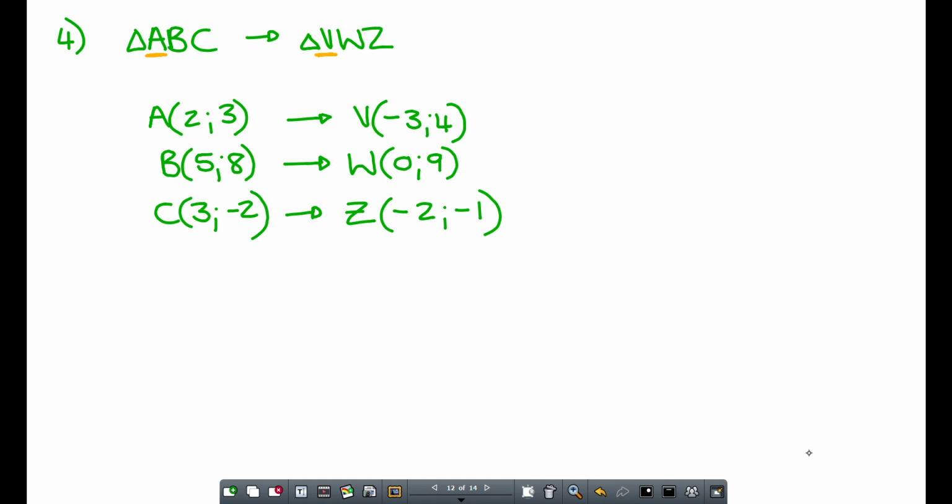So let's look at the X value here and the X value there. It went from 2 to -3. So what did we do? We moved 5 units to the left. Good.